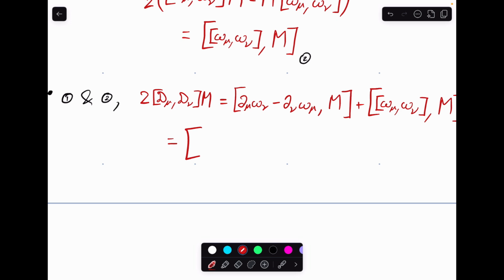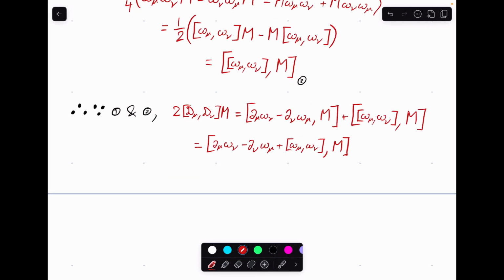So we can combine this into a single commutator that is D mu omega nu minus D nu omega mu plus the commutator of omega mu omega nu, all of this acting on M via a commutator.